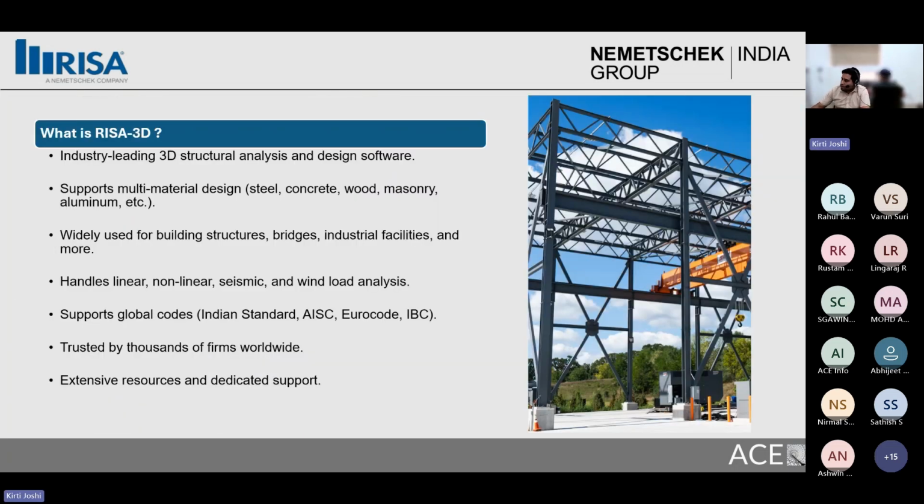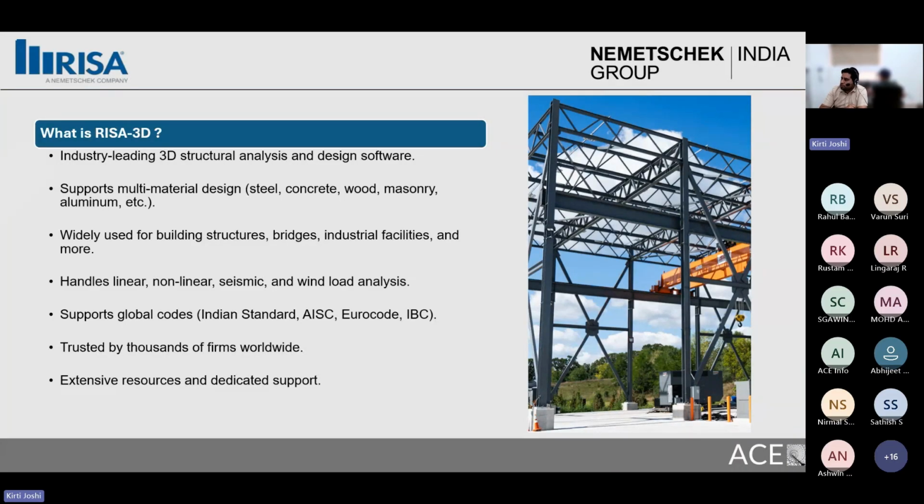Now we have come to RISA-3D after a brief introduction to the RISA umbrella. RISA-3D is a structural analysis and design software. It supports multi-material design that includes steel, either hot rolled or cold formed, and also concrete, wood, masonry, and aluminium structures.